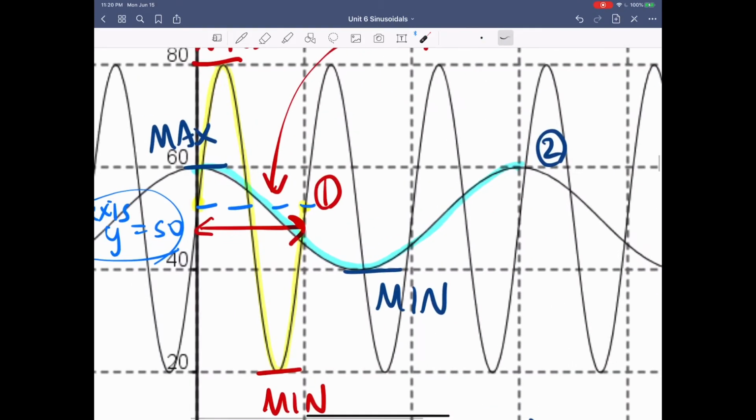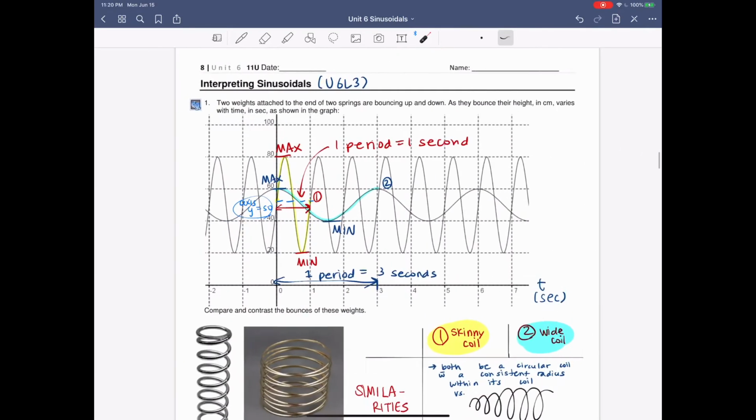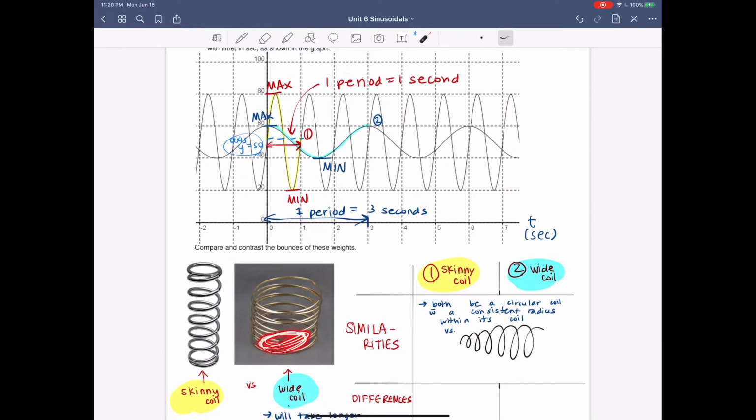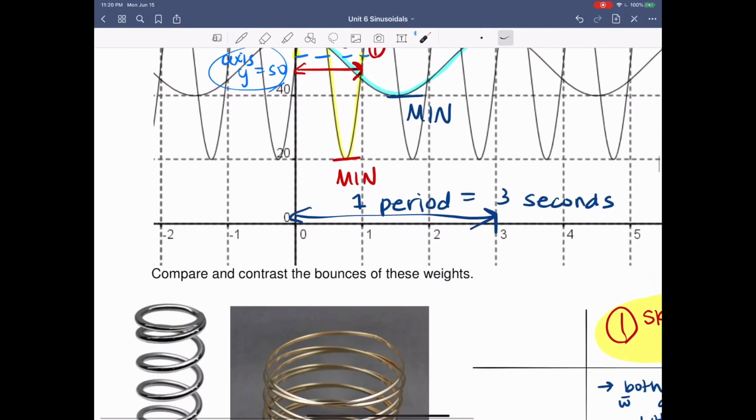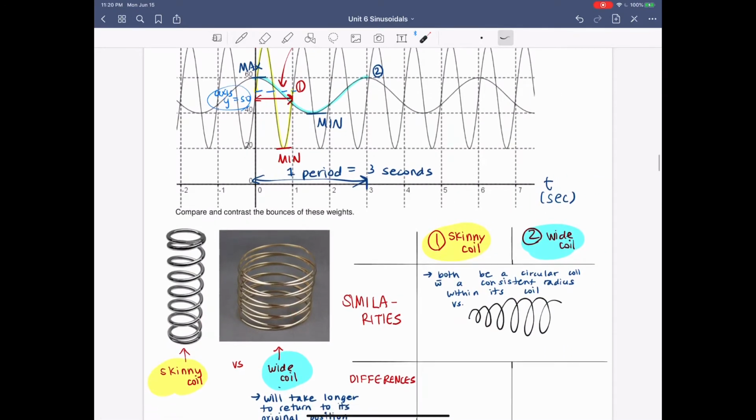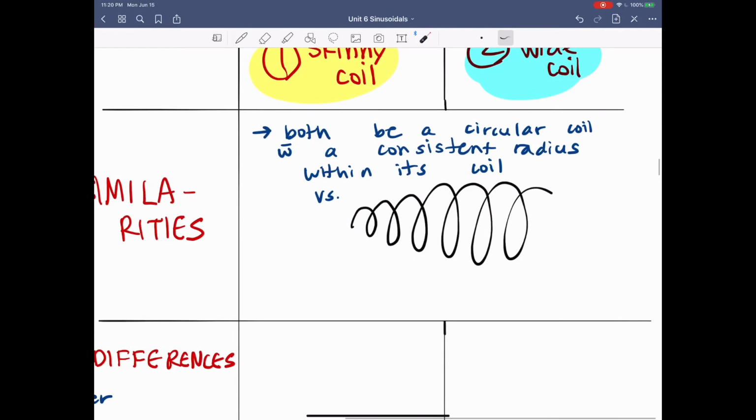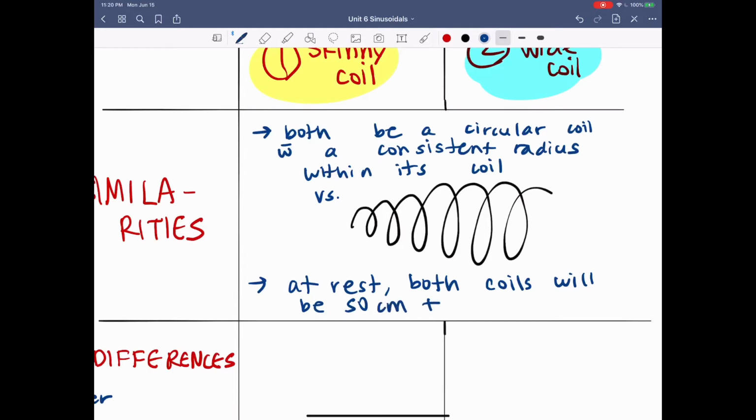What it means is that the mean value, as the coil is becoming really tall and really short going up and down, its mean average is going to be at 50, which means at rest position for these two coils, they're both going to have a height of 50 centimeters. So another similarity that we can add is that at rest, both coils will be 50 centimeters tall, and that's because the axis is y equals 50 centimeters.